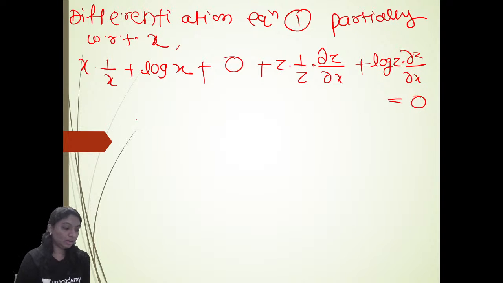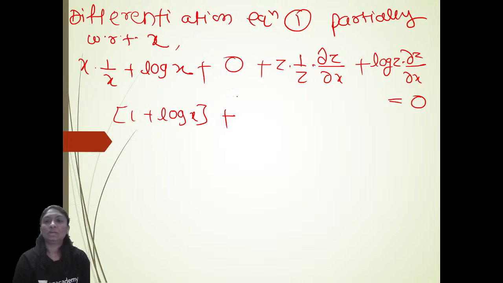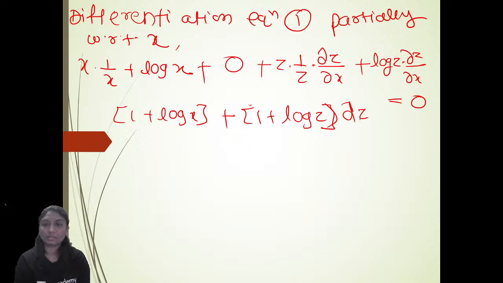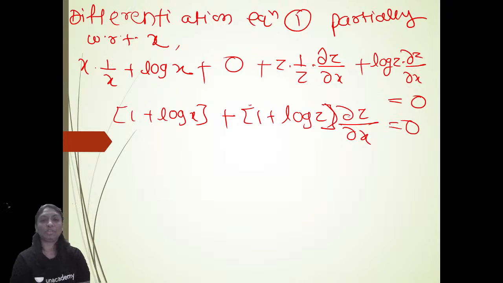So you will get here 1 plus log x, the x will cancel out. So 1 plus log x plus z cancel out again, ∂z by ∂x plus 1 plus log z into ∂z by ∂x is equal to 0, right?